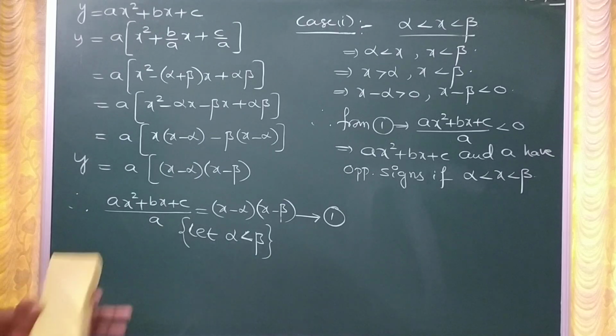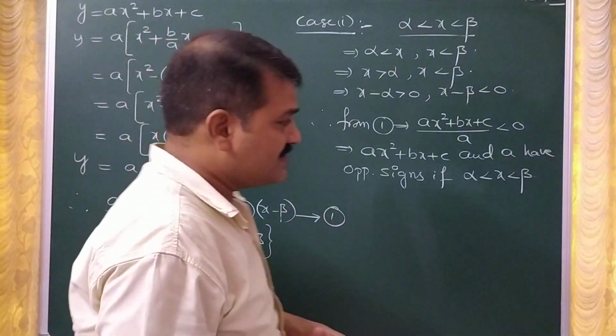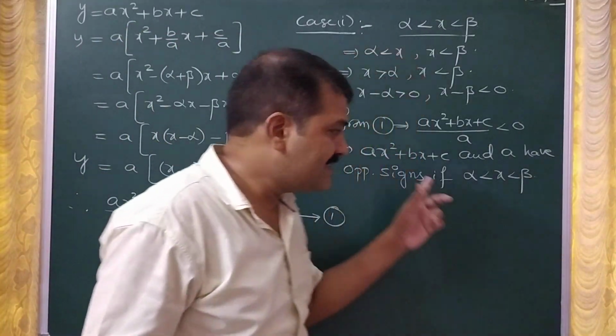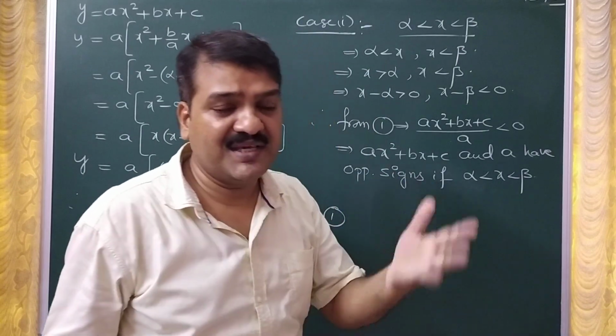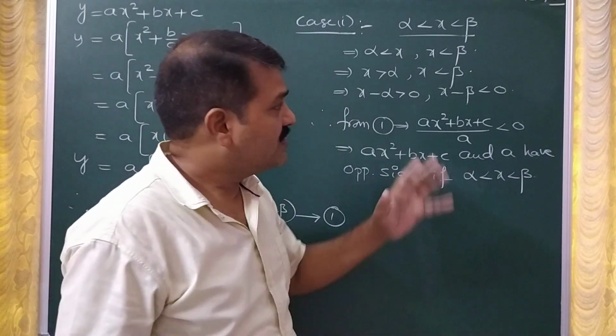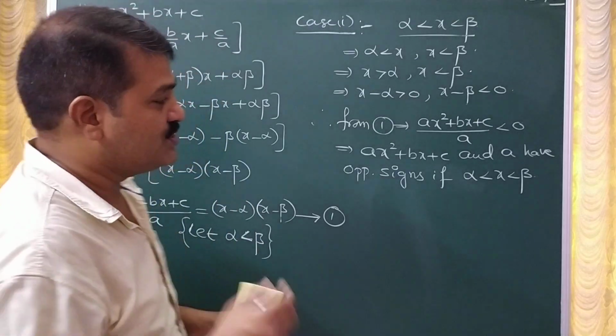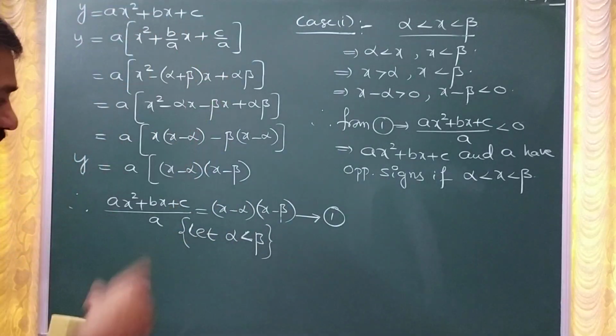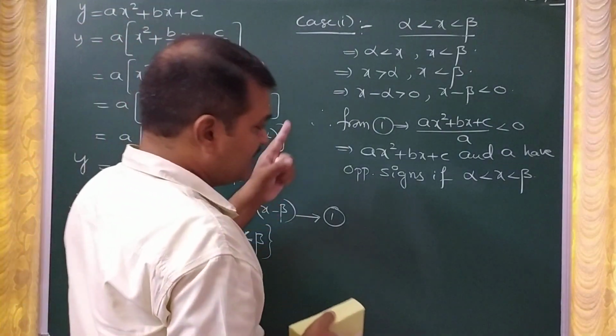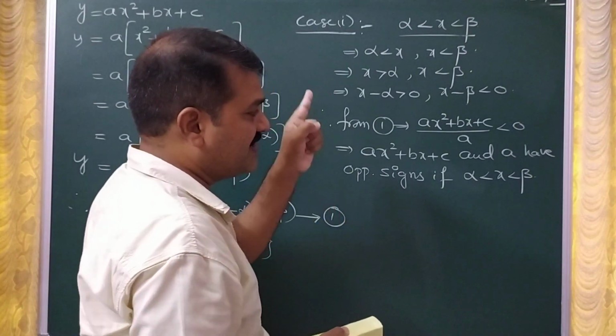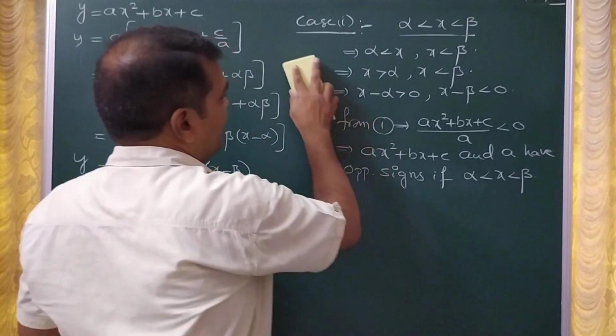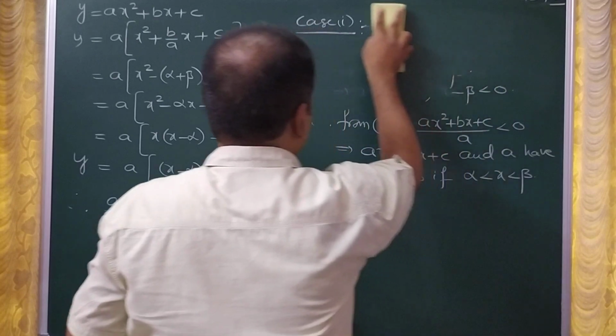Now let us take the reverse of that. Let me take that whatever x value we use does not lie between the roots. Let us assume like that. Case 1 I am rubbing now. For case 1 you are getting opposite signs for the quadratic expression and the coefficient of x square.